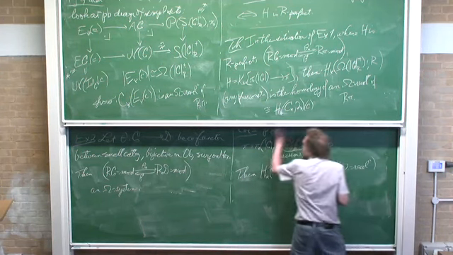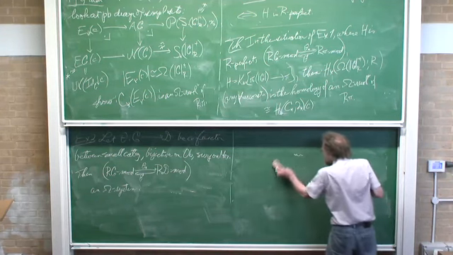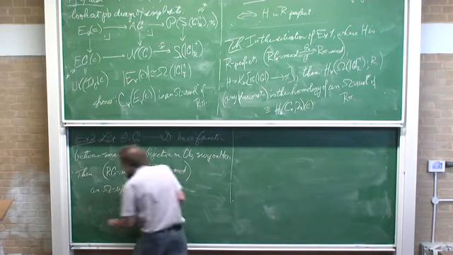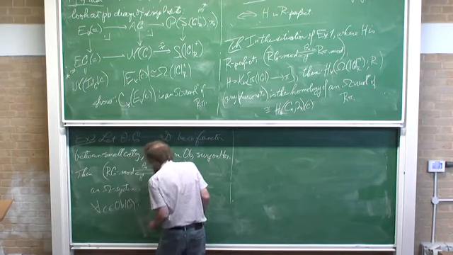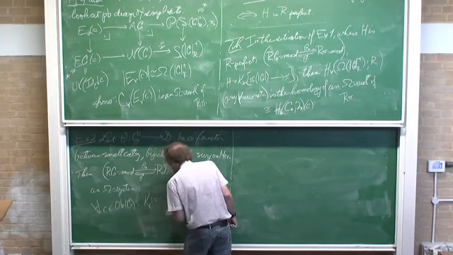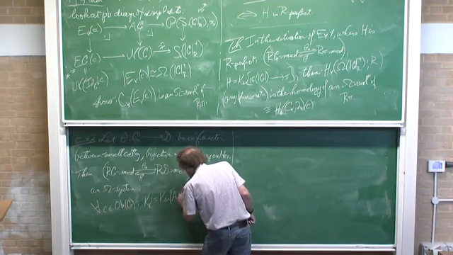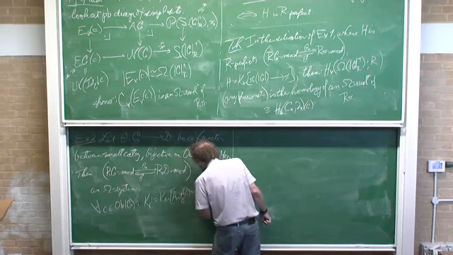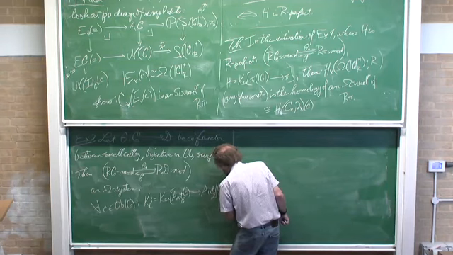Now, to go further, I need one more technical assumption. For each object c, set this to be the kernel of the map from Aut of c to Aut of d, theta c.